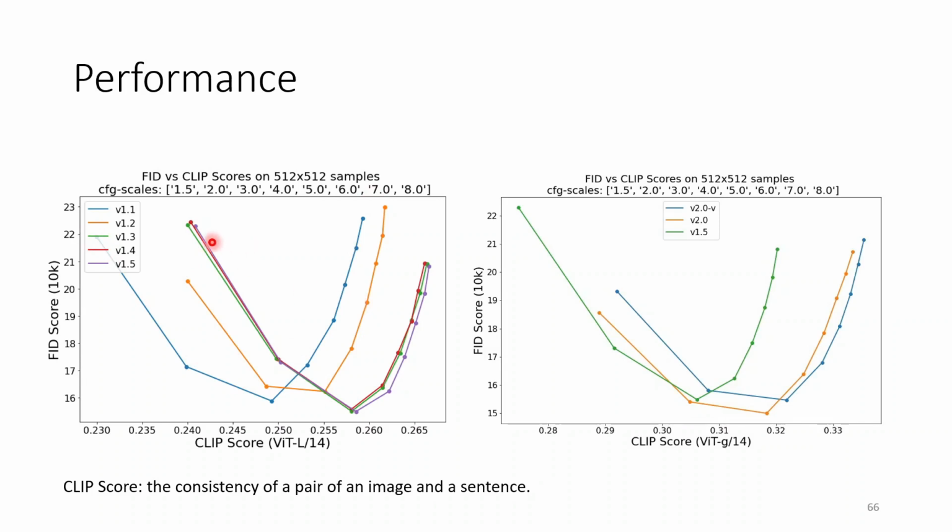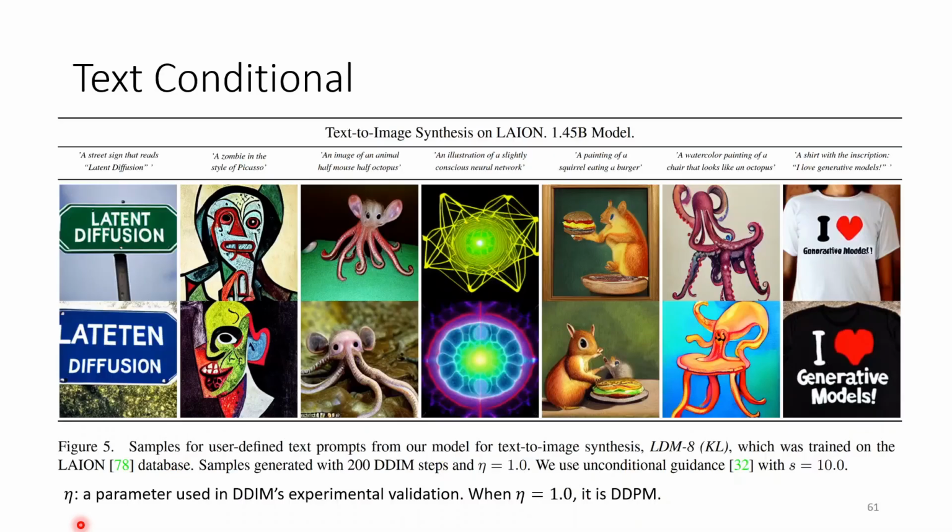It means a different Stable Diffusion model, and you see there are different classifier-free guidance scales. The classifier-free guidance scale is the guidance scale we see in the paper. This is the value. Okay?